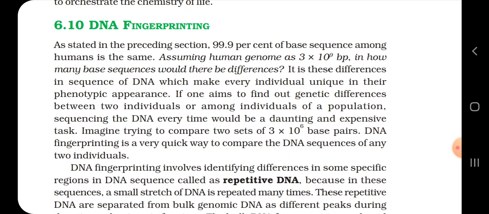This is mainly used by the forensic department. At a crime scene, the scientists isolate the DNA from whatever is collected from a particular area, break the DNA at particular regions with the help of molecular scissors, and match these fragments with the suspects.